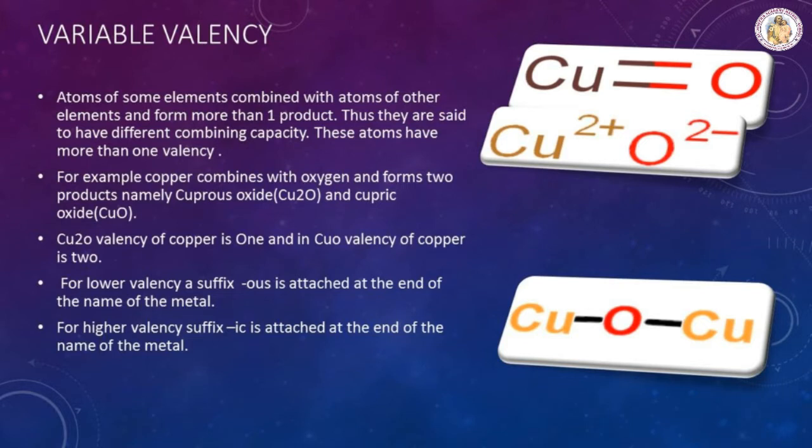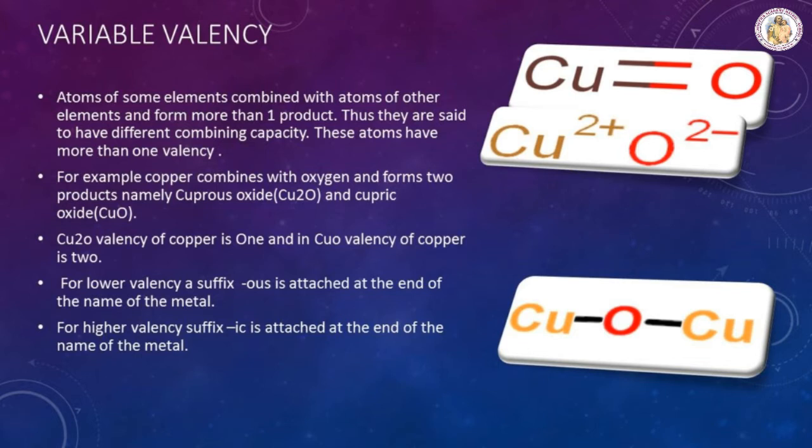Variable valency. Atoms of some elements combine with atoms of other elements and form more than one product. Thus, they are said to have different combining capacity. These atoms have more than one valency. Some cations exhibit more than one valency.